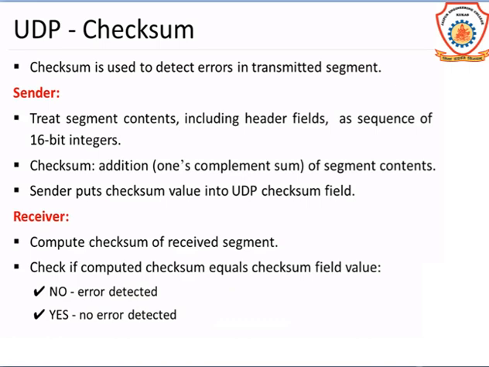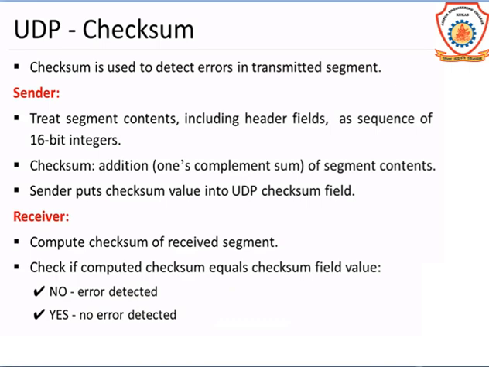It only detects an error, not correcting it. On the sending side, the segment is treated as a sequence of 16-bit integers, binary numbers, including the header fields. We sum all the 16-bit words, take the one's complement of that sum, and then put this checksum value in the UDP checksum field.